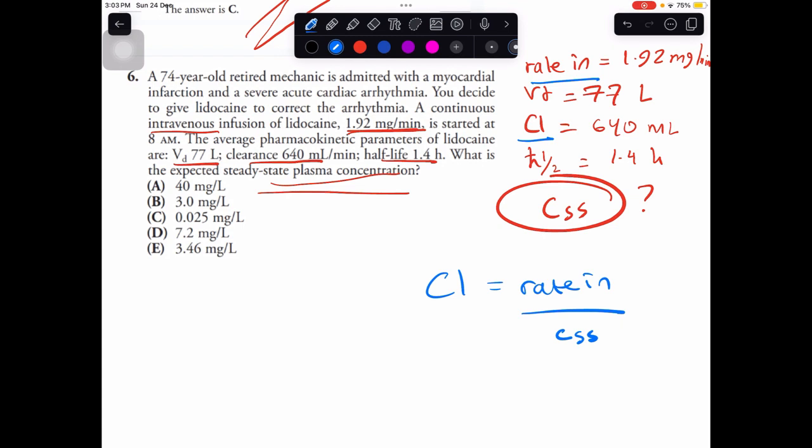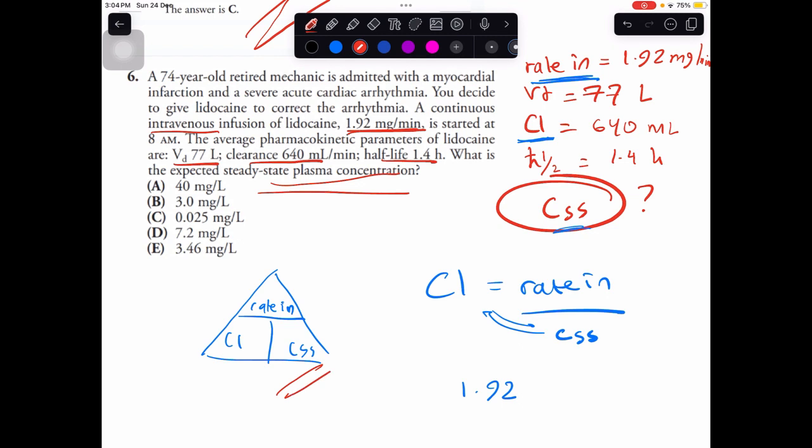If I want to solve for CSS, I have clearance and I have my rate in. This is my pyramid again: clearance, CSS, rate in. What are you going to do? You're just going to do rate in, which is 1.92. I'm just trying to make it easier. If you don't know how to rearrange equations, you can always use the pyramid.